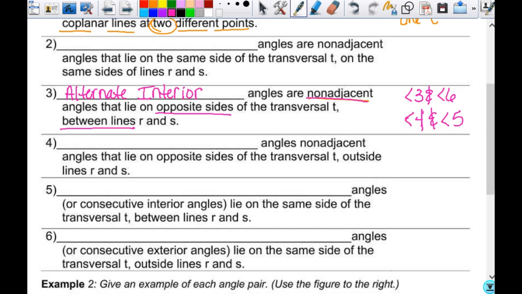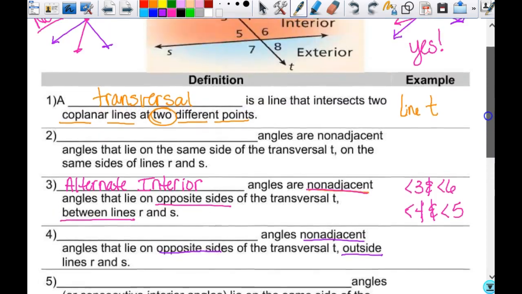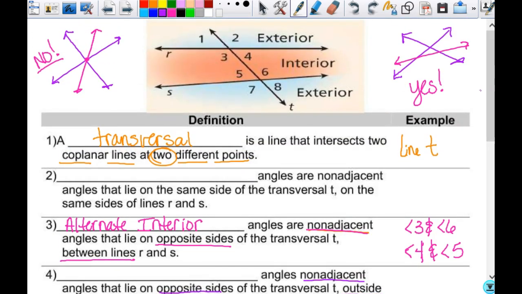All right, so then the next thing we have are non-adjacent angles that lie on opposite sides of the transversal outside the lines R and S. So if we look at our picture, they have to be exterior angles on opposite sides. 7 and 8 are on opposite sides, but they have to be non-adjacent.